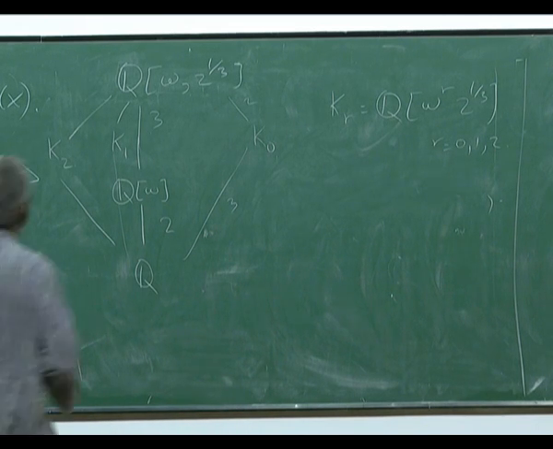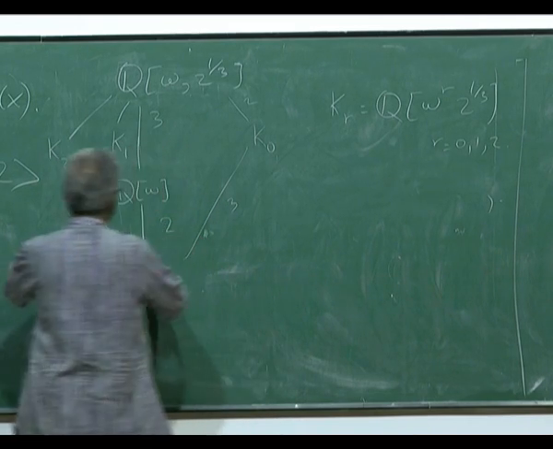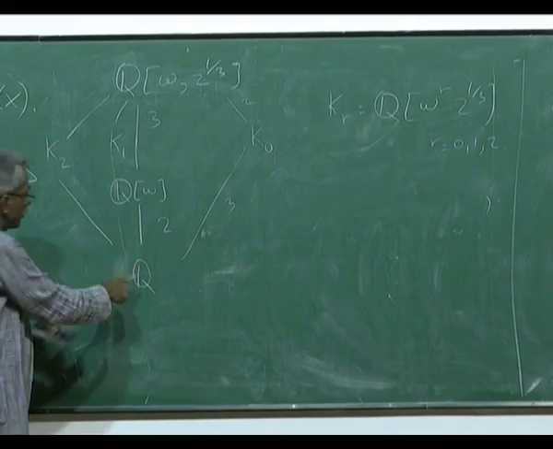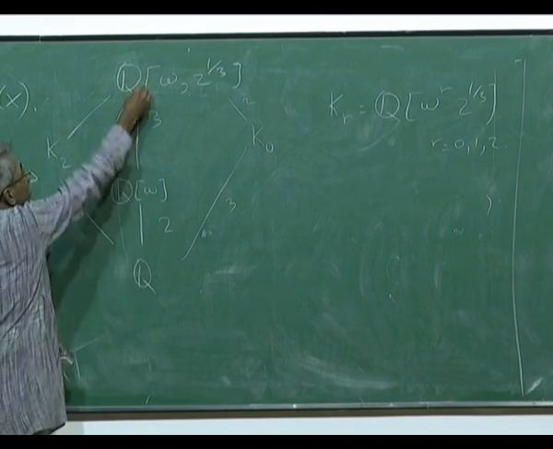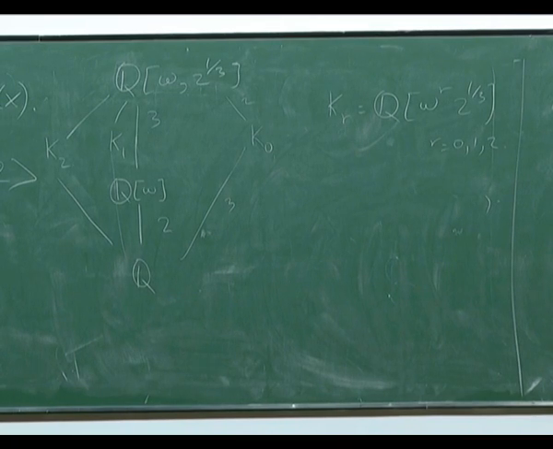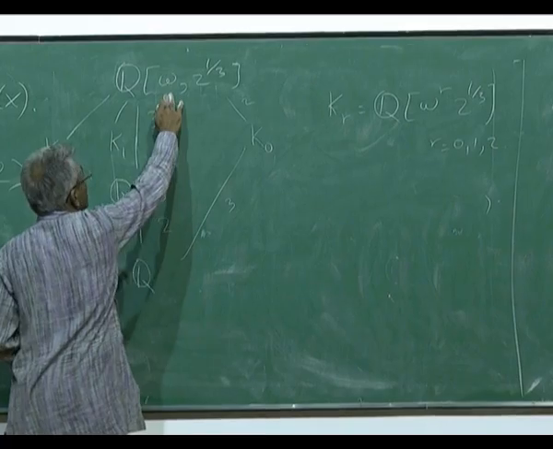Now, notice, from here to here this is already a normal extension. That means from anything in between to here it is also a normal extension. And in particular, what is the order of the Galois group from here to here?